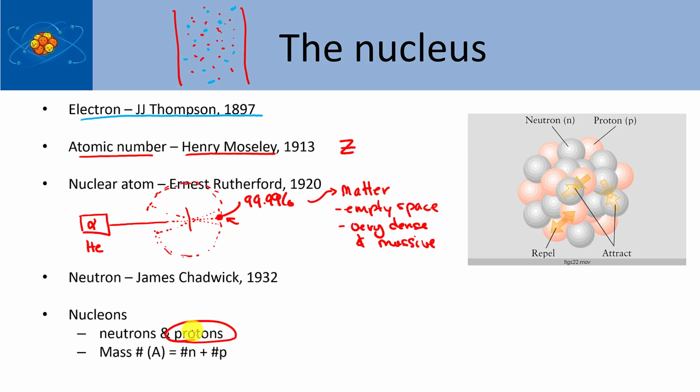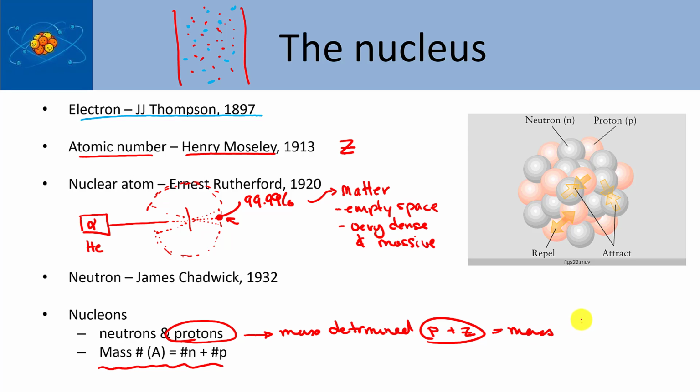The protons are what give us the identity of the atom, but the particular nucleus, right, its mass is determined by the protons plus the neutrons. So I often write it like this. And so this sum became known as the mass number.